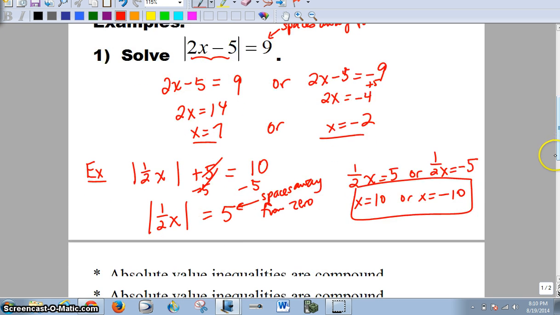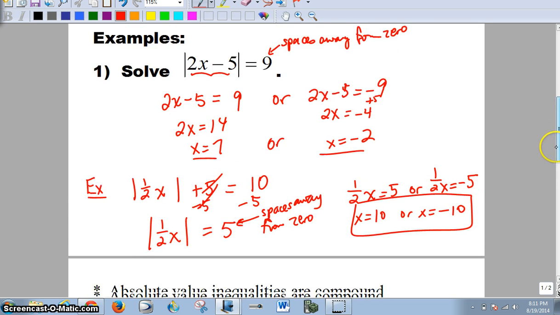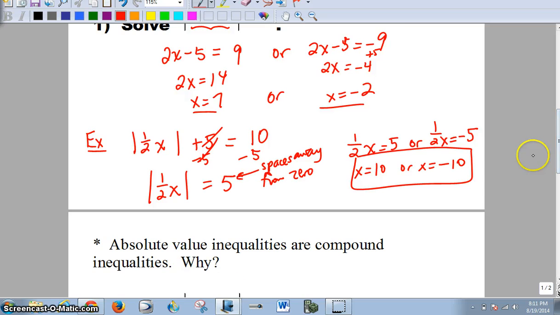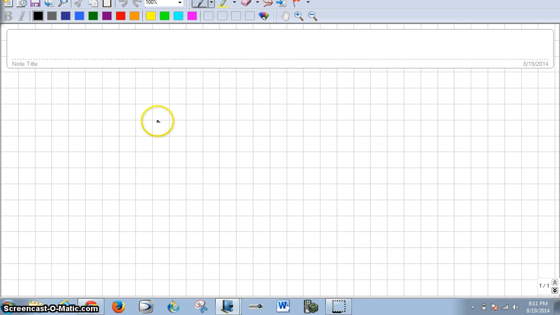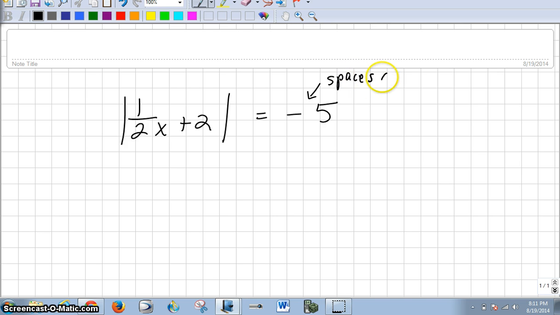One more thing before we move on to inequalities. Let me go to a new page. Let's suppose that it said this here. Well, remember, this number right here represents spaces away from 0.